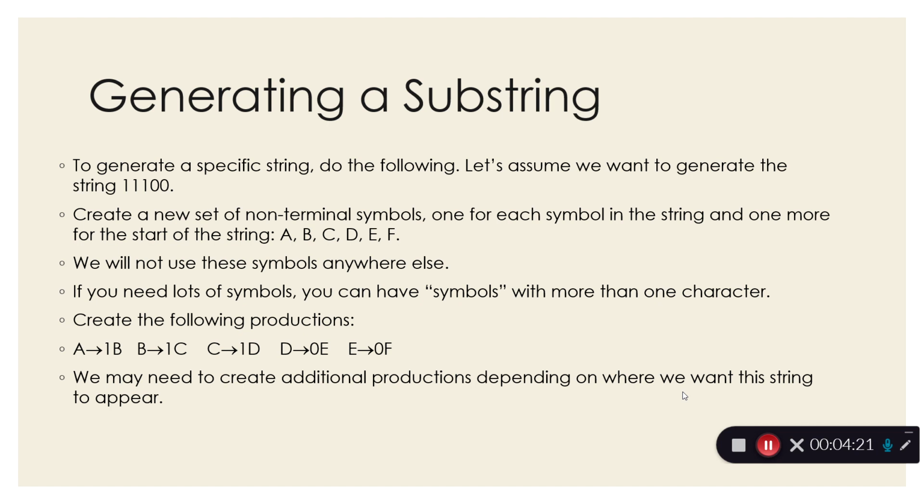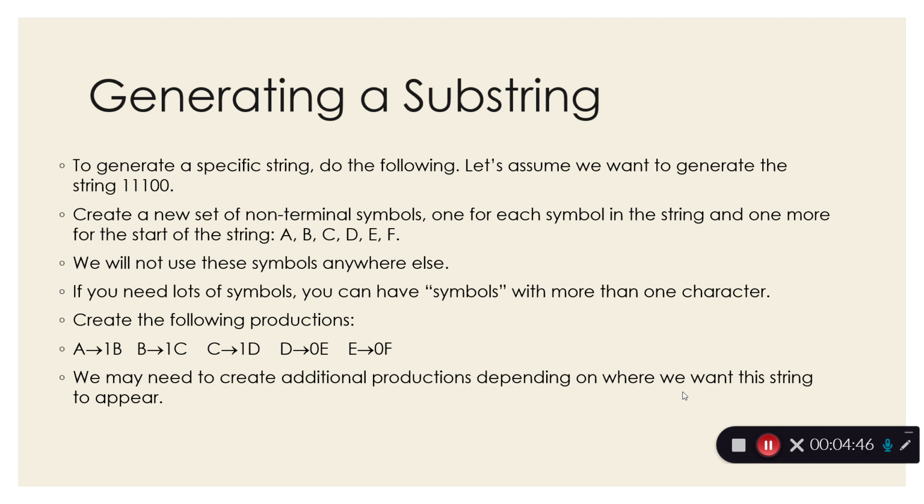If you need lots of symbols, you can use symbols that have more than one character as long as you're clear about what's a non-terminal and what's a terminal. So we create the following productions using our 6 symbols. A goes to 1B, B goes to 1C, C goes to 1D, D goes to 0E, and E goes to 0F.